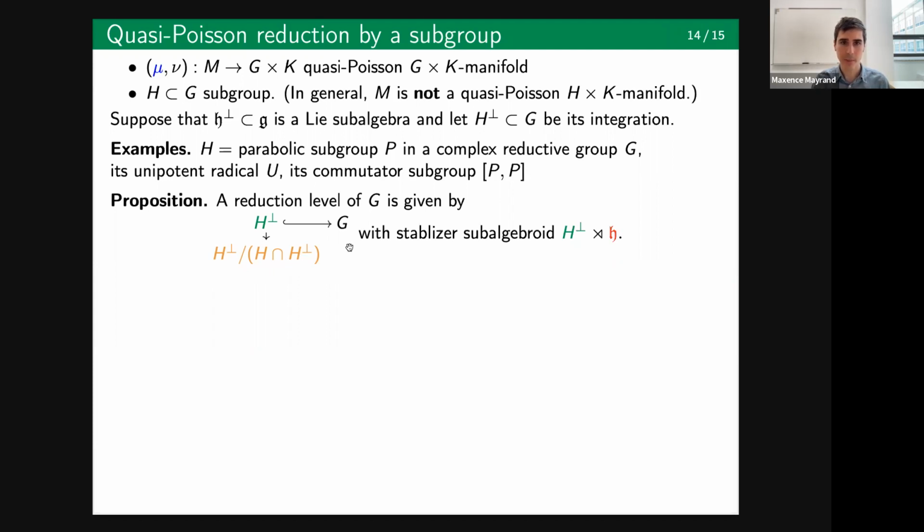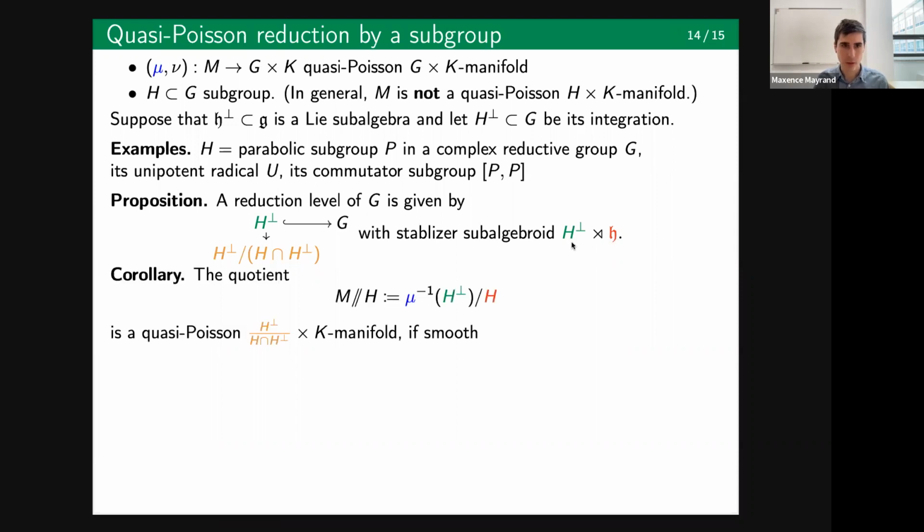So you get a reduction level, and the stabilizer subalgebra is the actual Lie algebra of H on H perp. As a corollary, the preimage of H perp on the mu quotiented by H is a quasi-Poisson H perp over H cap H perp cross K manifold, which is smooth.